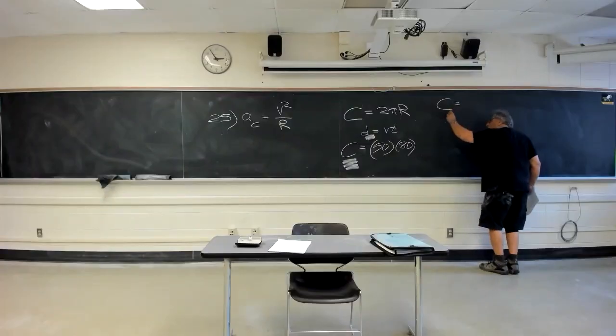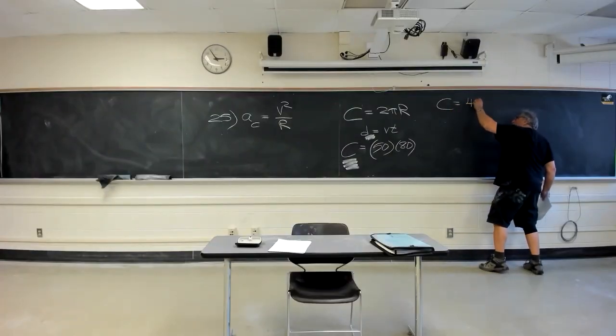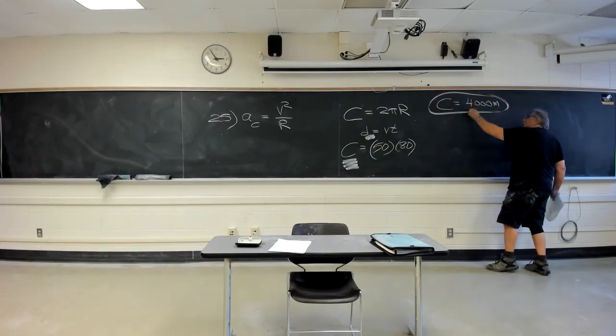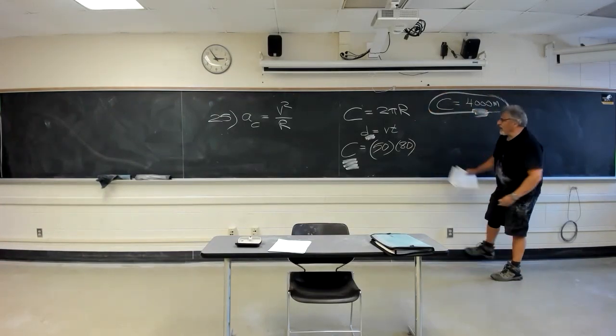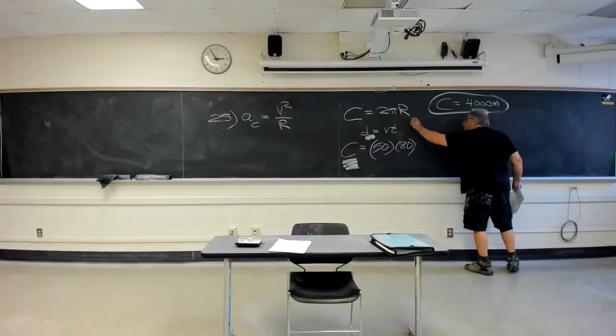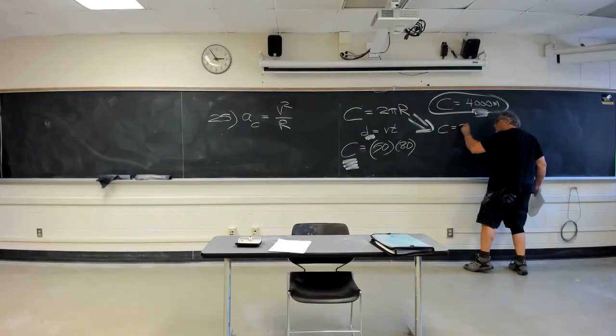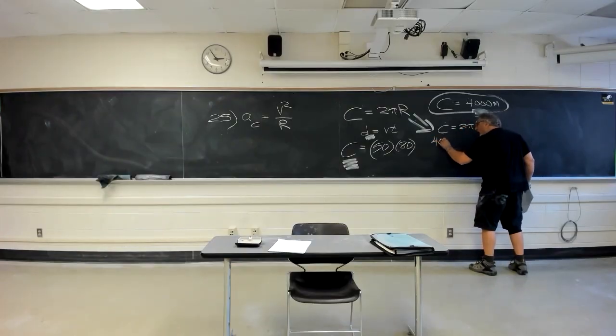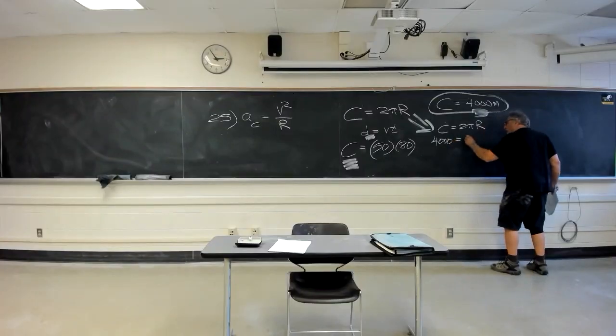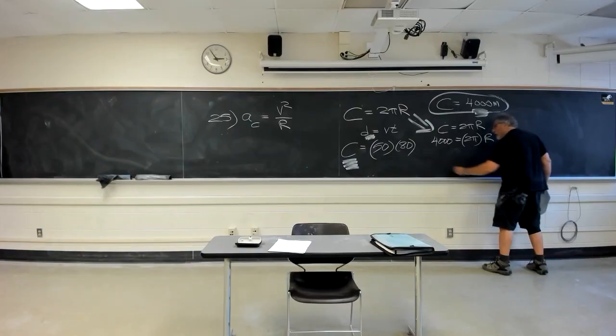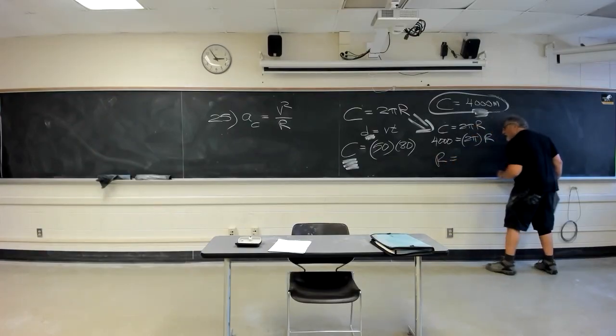The circumference is 4,000 meters. They're trying to get slick. Well, if that's the case, look at this. If c is equal to 2 pi r, and this is 4,000, and this is 2 pi, and this is r, be careful how you do this on your calculator.